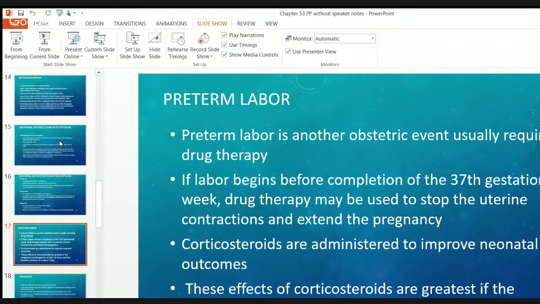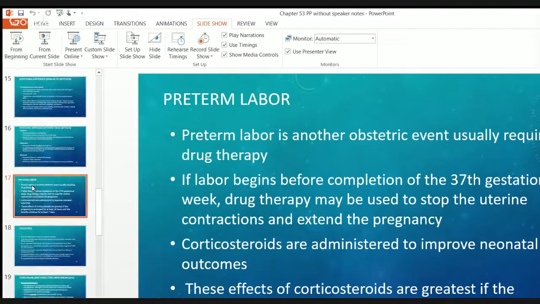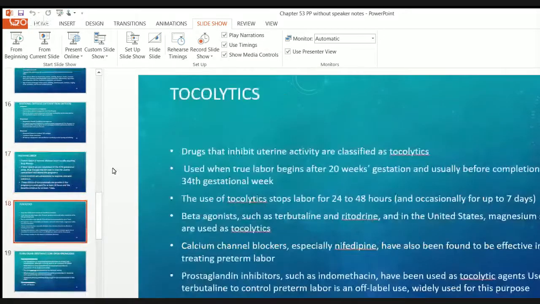Betamethasone is the most common corticosteroid used to accelerate fetal lung maturity, therefore decreasing a lot of the complications associated with prematurity.